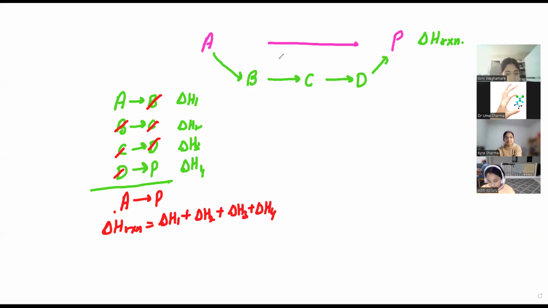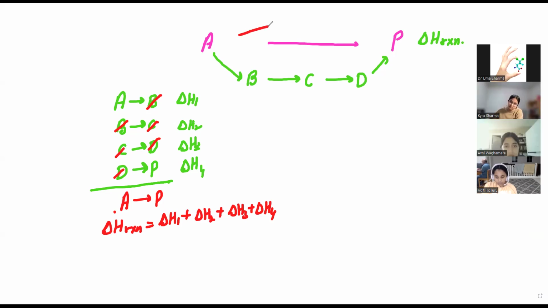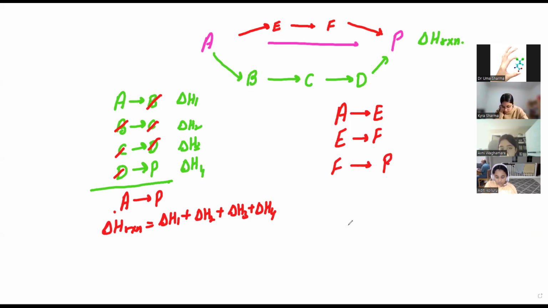Yeah. But let's say I decided to carry out this reaction by another method. And this time A is converted into E, then E is converted into F, then F is converted into P. So now I'm doing it in three steps, A to E, E to F, and F to P. This is, let's say, delta H5, delta H6, delta H7.